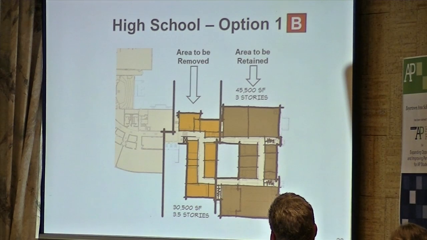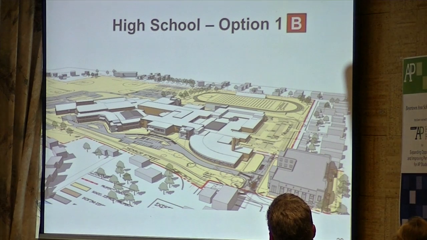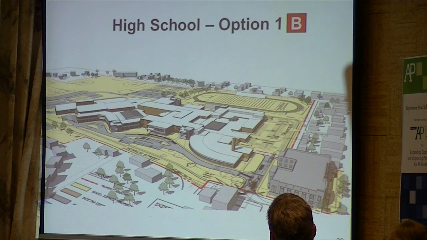So this is a diagram of that, and what we are removing is the area in the center here, and we're maintaining the original structure of the building. And there you can see a diagram of that building. In a sense, this brings this building back to a more historical significance than it is now.